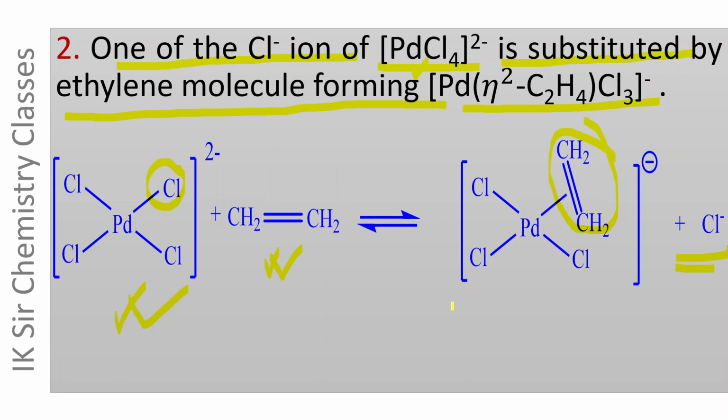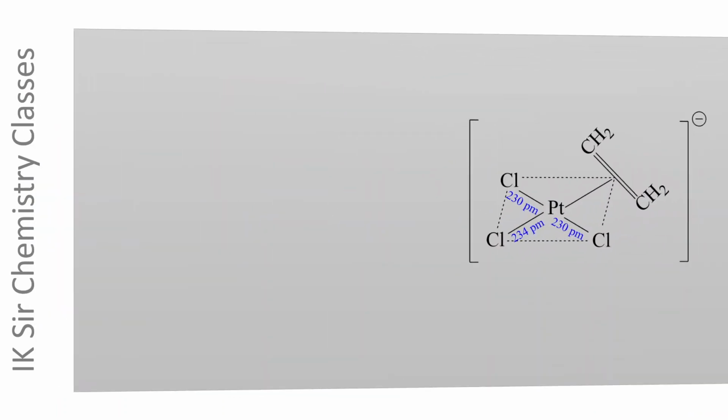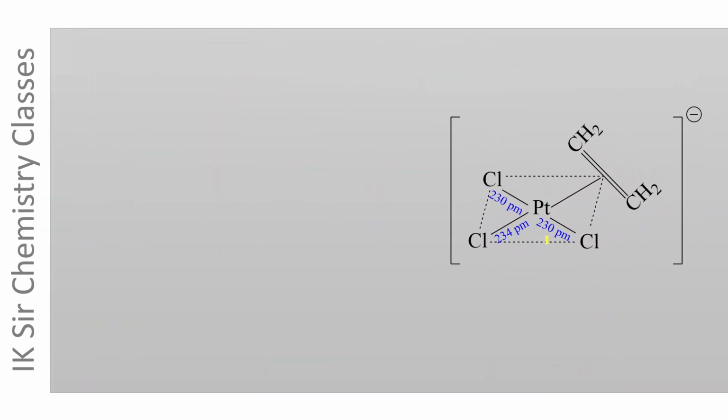Please note that this square planar complex is similar to the anion of Zeise's salt. The only difference is that the platinum 2+ ion of Zeise's salt has been replaced by Pd2+ ion. Here, this is the anion of Zeise's salt.